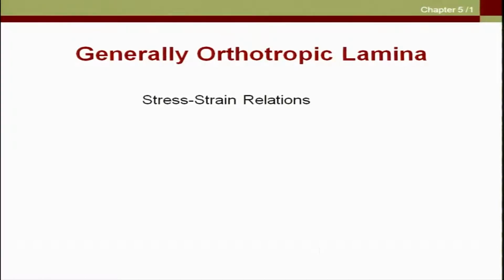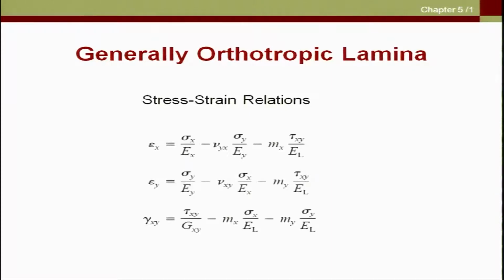What we had shown was that the stress-strain relations for a generally orthotropic lamina look something like this, where epsilon xx is equal to sigma x divided by Ex minus nu yx times sigma y over Ey minus Mx times shear stress divided by El.